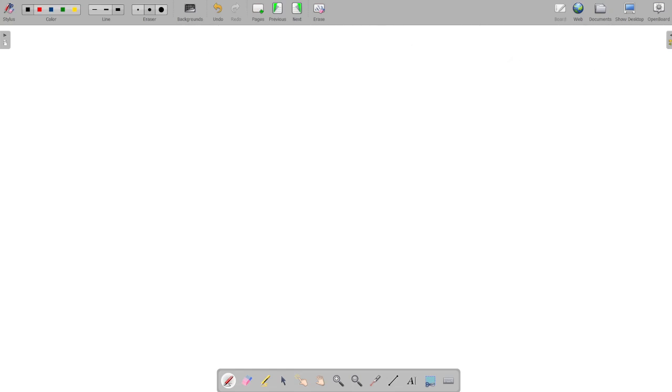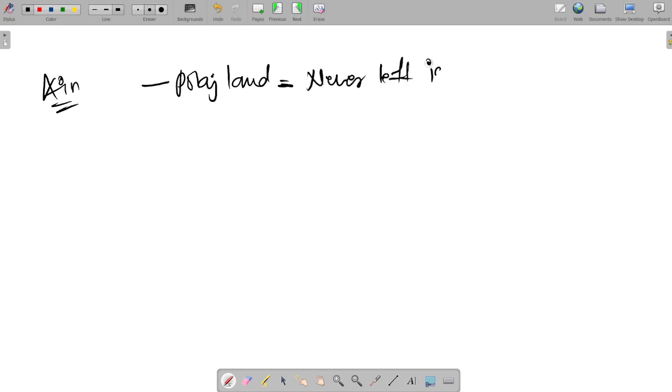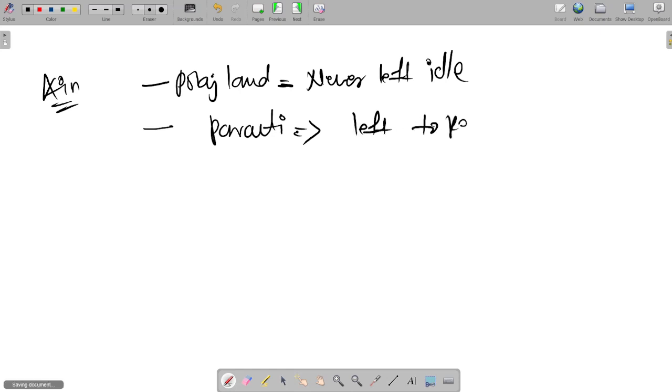The classification of lands under Akbar is mentioned in Ain-i-Akbari by Abul Fazl as Polaj land, which is never left idle. Paroti, that is left to regain strength.